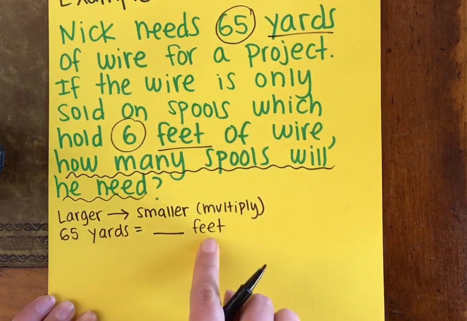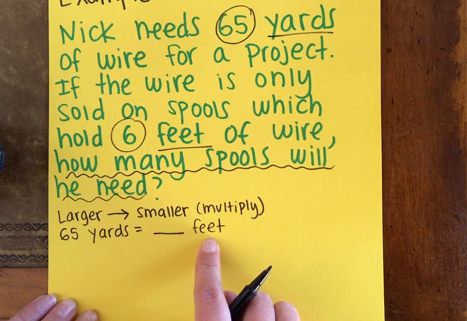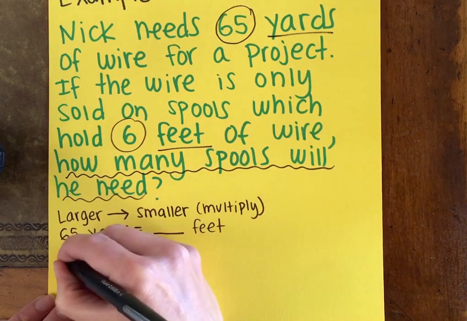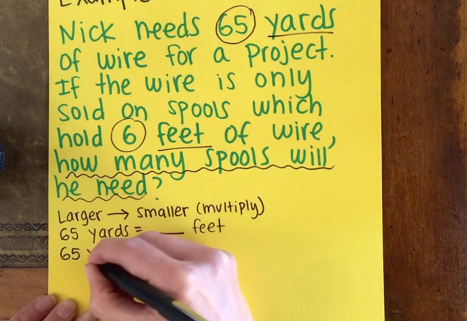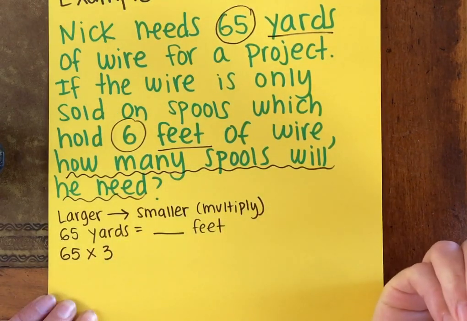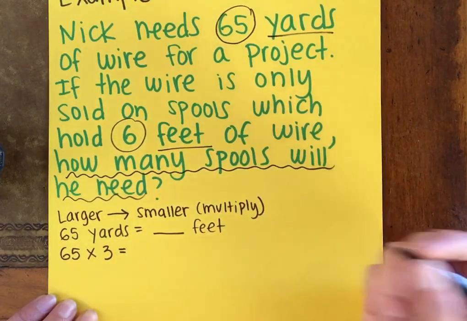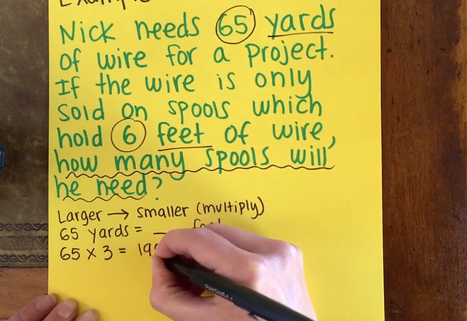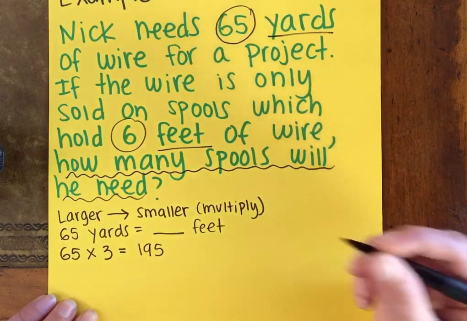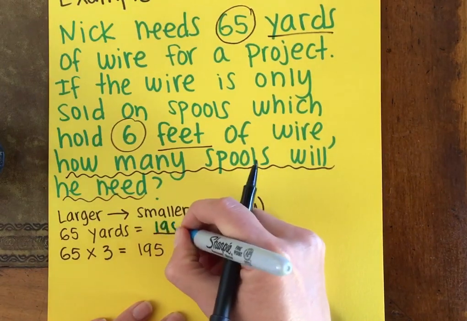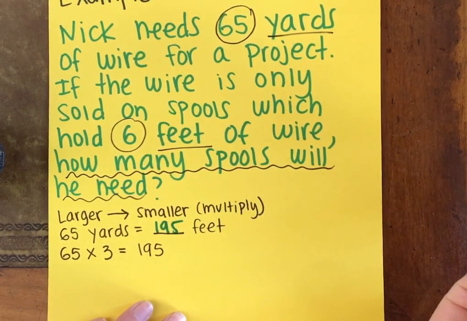Again, going from a larger to a smaller unit, so I'm going to multiply. And looking at my conversion table on the previous page, page 273, I know that there are 3 feet in a yard. So I'm going to multiply 65 times 3 to figure out how many feet are in 65 yards. 65 times 3 is 195. So 195 feet of wire is how many feet of wire Nick needs.